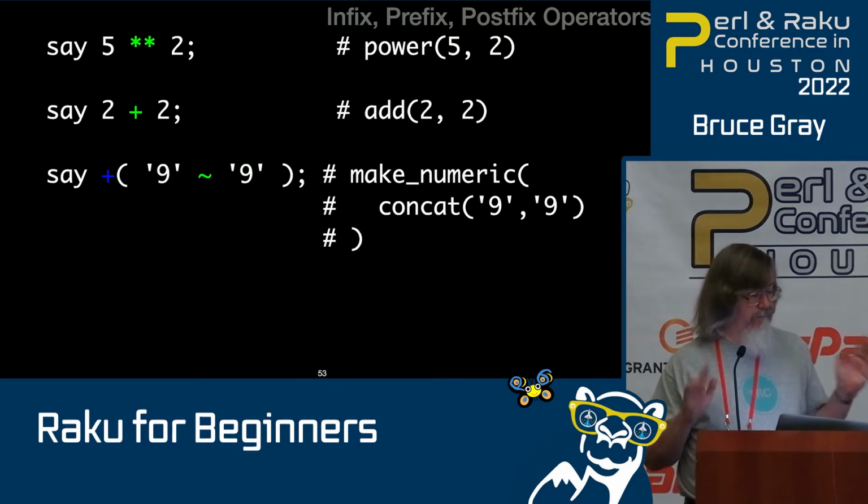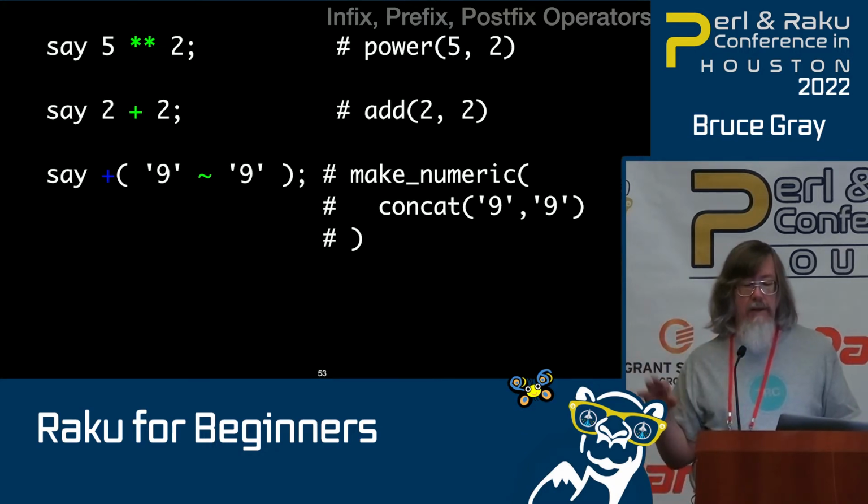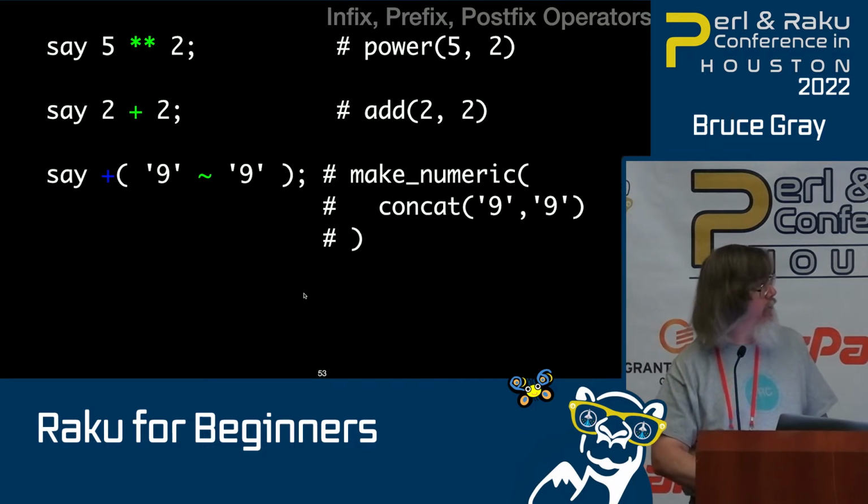Okay. Raku is an operator-rich language, so it's helpful to learn to recognize the 3 most common kinds of operators and think of them with official terms. Exponent op is infix. That is an infix operator. It's got something on the left and right that it operates on.